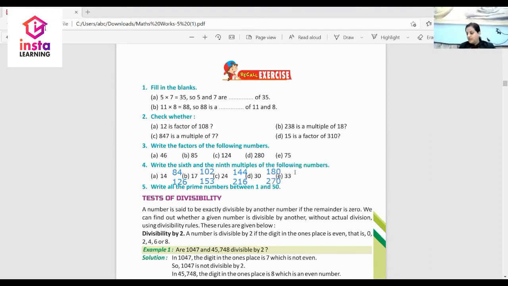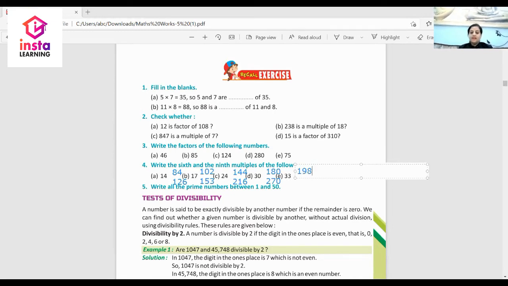After that, 33. You should know the table of 3. When you make a table, you have to multiply: 33 into 6, 6 3s are 18, and 6 3s are 18, so the answer will be 198.